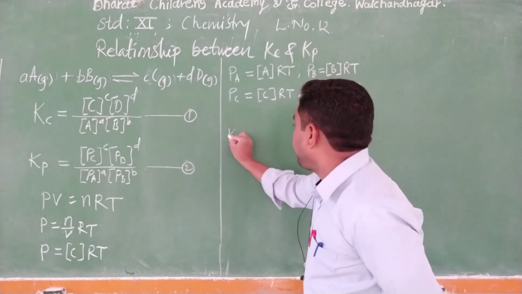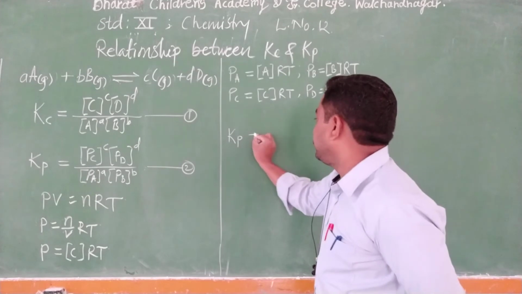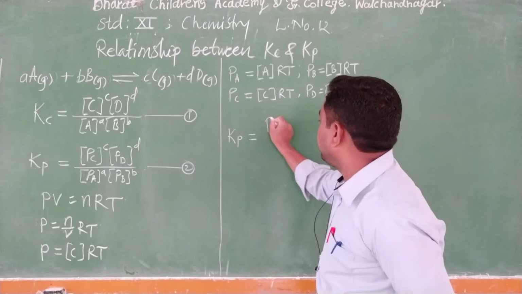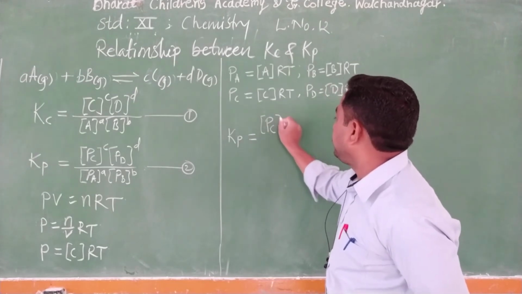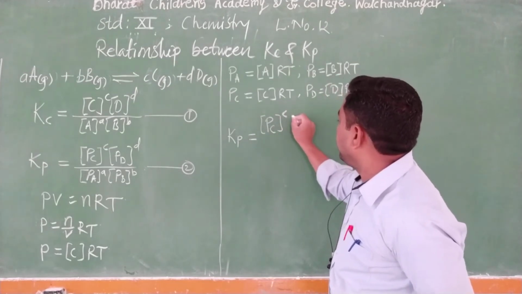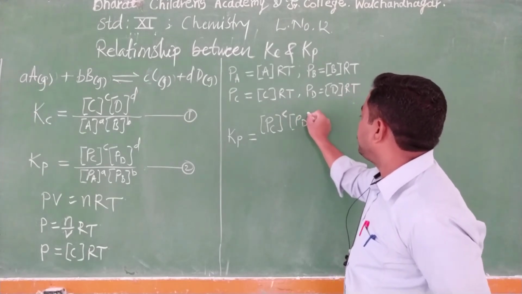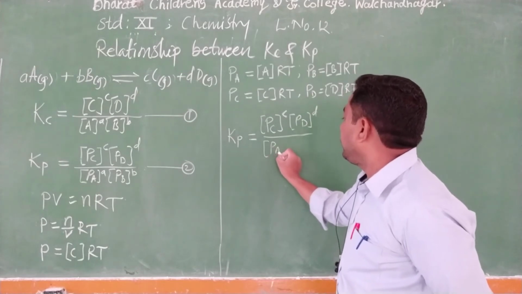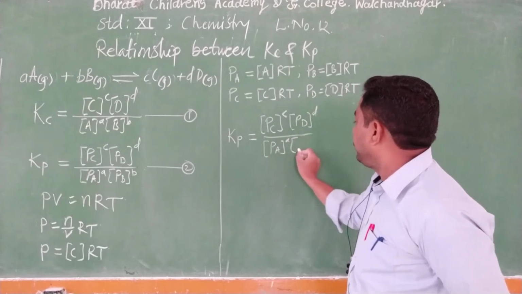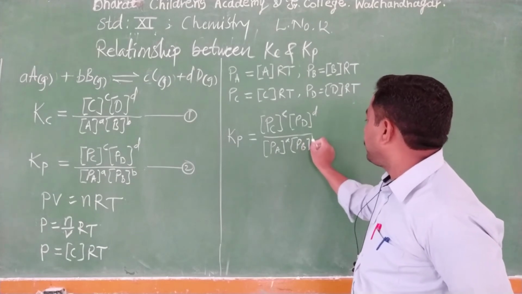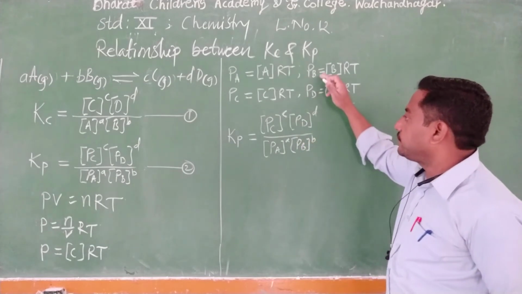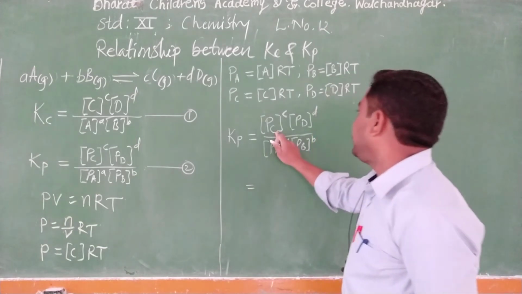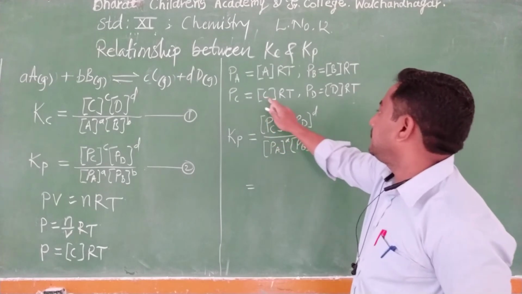So we have Kp equal to, I'll write the same equation once again, Pc raised to c into Pd raised to d upon Pa raised to a into Pb raised to b. Right, this was the equation. Now let us substitute these values. See, Pc is CRT, right?